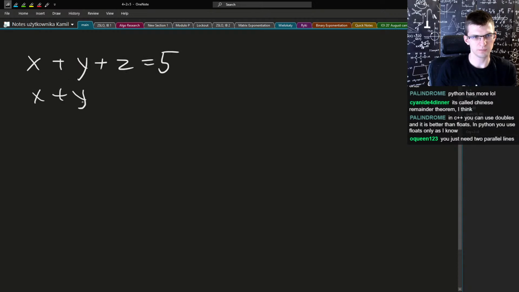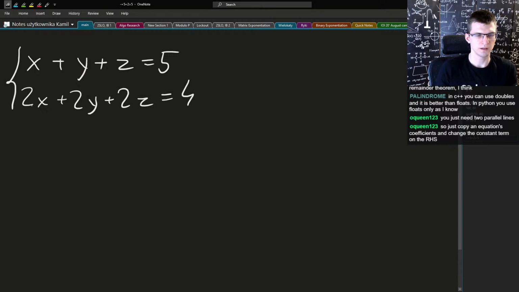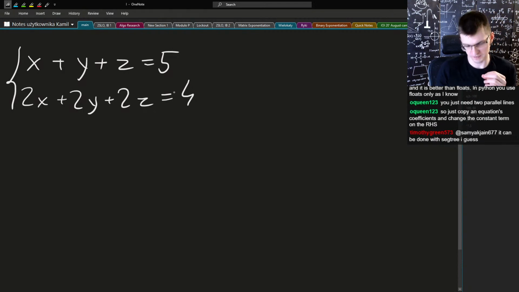X plus y plus z, or double that, let's say 6, or anything else, 4, unless 4 is double of 5 in this system of equations. I mean, in this ring, modulo p. Not ring, in this field, modulo p. This is 0 solutions.